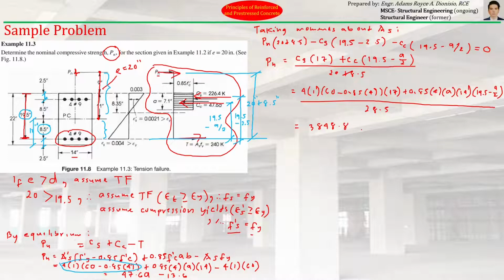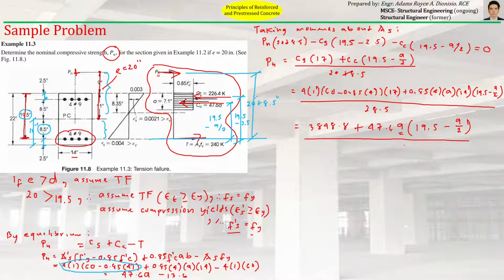Tapos plus, ito na in terms of dito, 0.85 times 4 times 14, 47.6 A times 19.5 minus A over 2. Sana hindi tayo malito dyan. This is A, hindi siya 9. Mukha ng 9 kasi. 19.5 minus A over 2. Divided by 28.5. Okay. So, ito yung equation 1 natin.